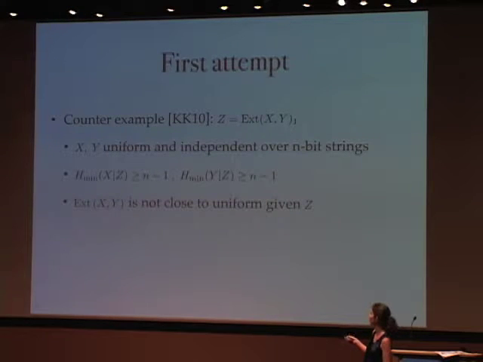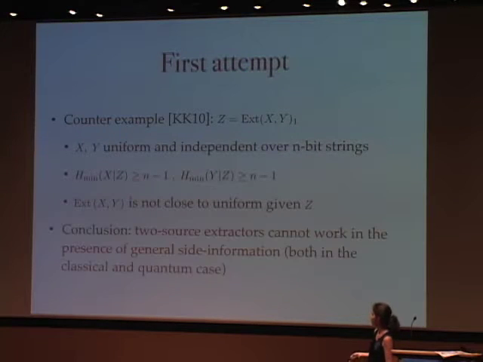Then we have enough min-entropy, but obviously the output of the extractor is not close to uniform because the adversary has the first bit of the output. So what we learned from this is that two-source extractors cannot work in the presence of general side information, either in the classical case or the quantum one.